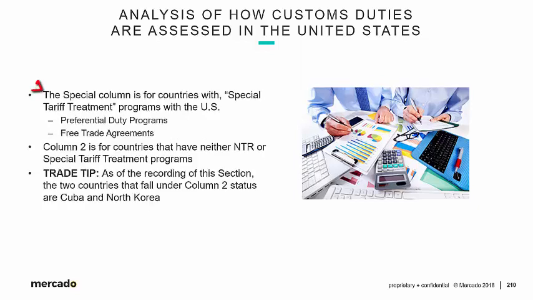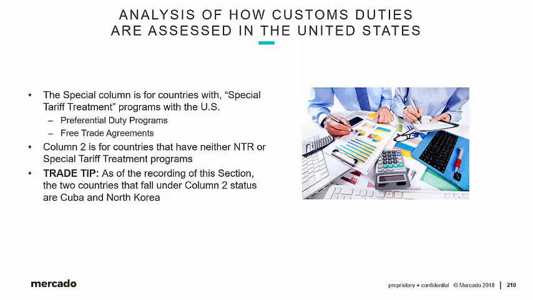To summarize again, the special column is for countries with special tariff treatment programs with the U.S. A preferential duty program like the Generalized System of Preferences, or free trade agreements. NAFTA, which will be changing its name relatively soon, but it's still called NAFTA as of the time of this recording. The U.S.-Israel Free Trade Agreement. We talked about Colombia, Panama, all of Central America, and the Dominican Republic, CAFTA, as it's called.